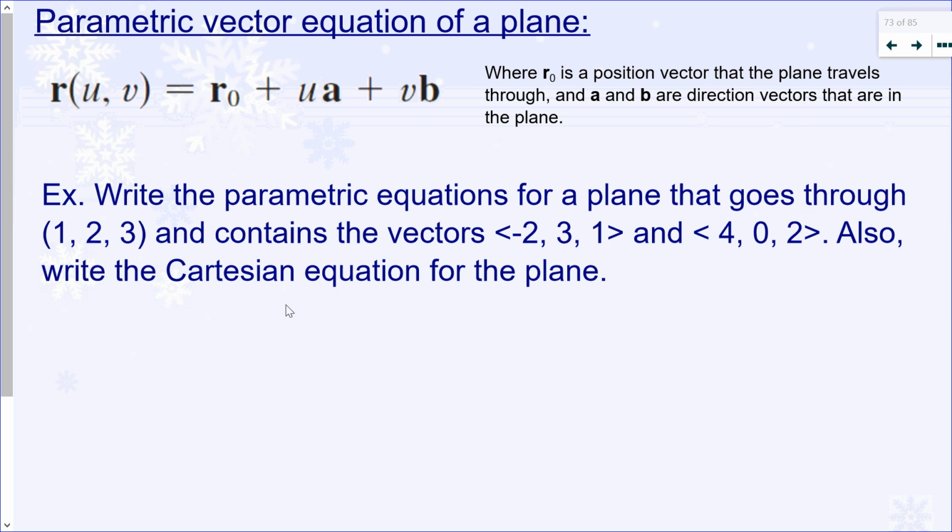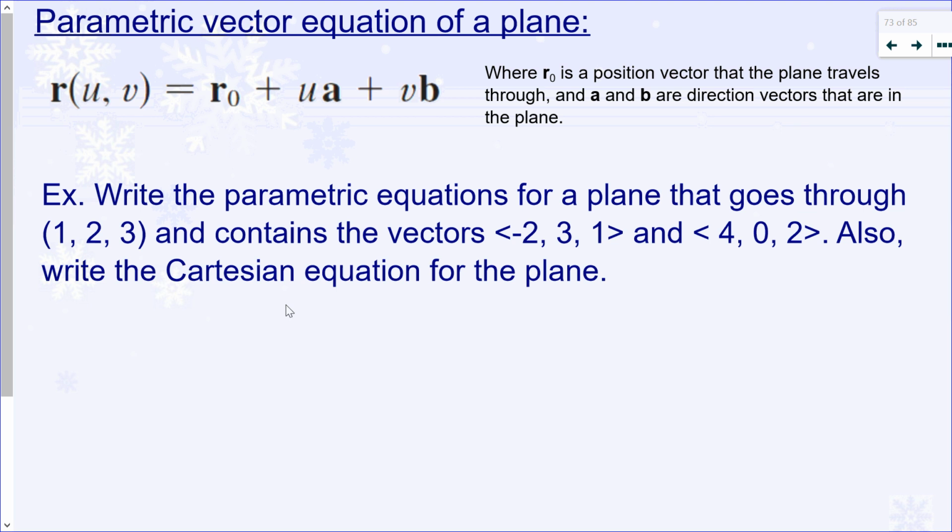So for example, if I'm asked to write parametric equations for a plane that goes through the point (1, 2, 3) and contains the vectors (-2, 3, 1) and (4, 0, 2), it's really just a plug-it-in situation.